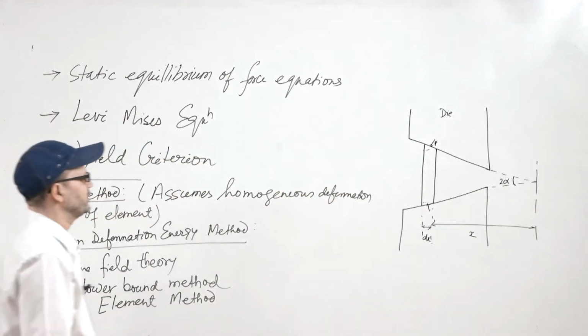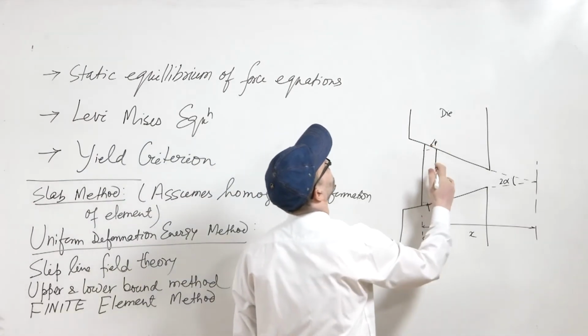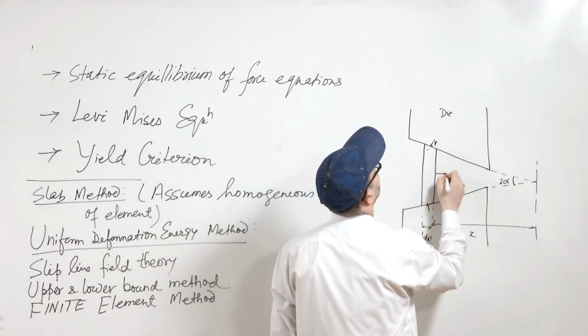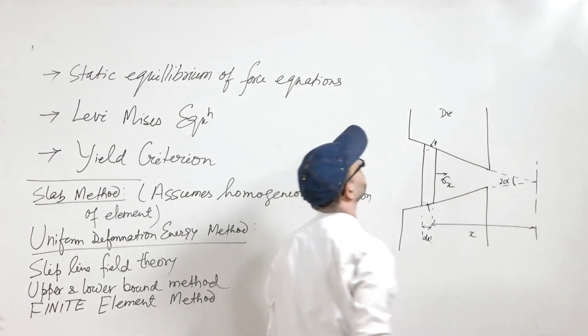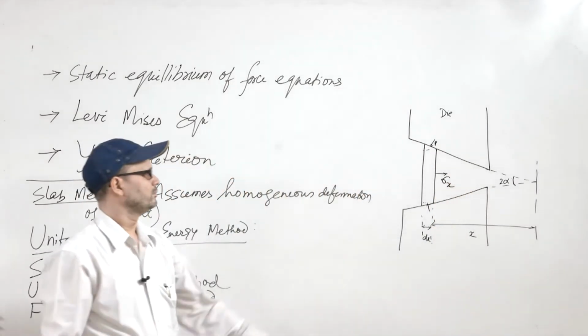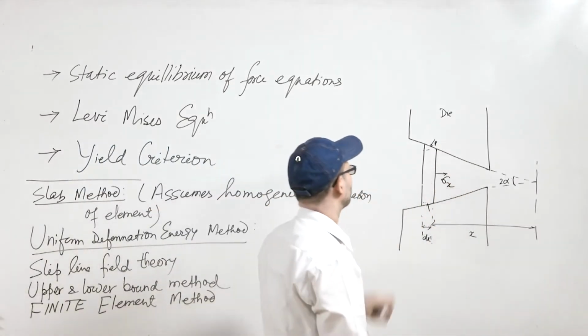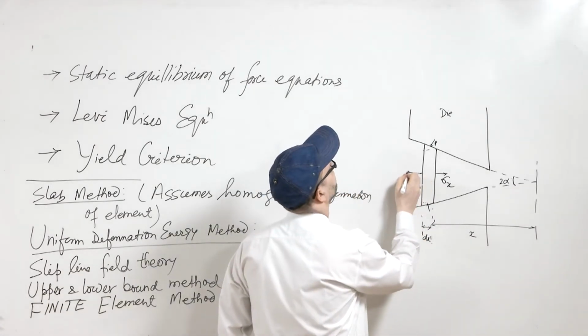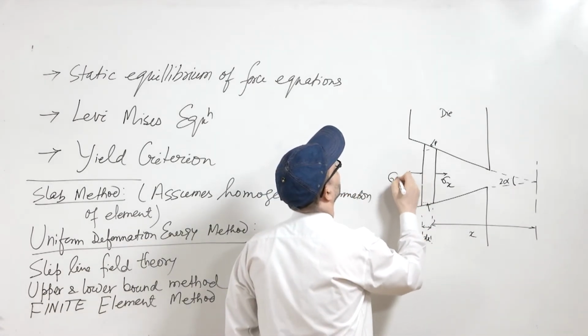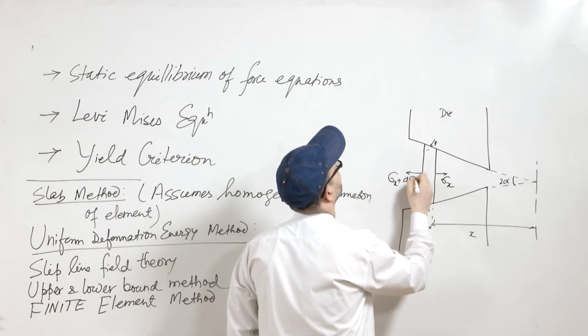Now this surface will be experiencing a stress of sigma x. So with distance dx extra, the stress here will be sigma x plus d sigma x.